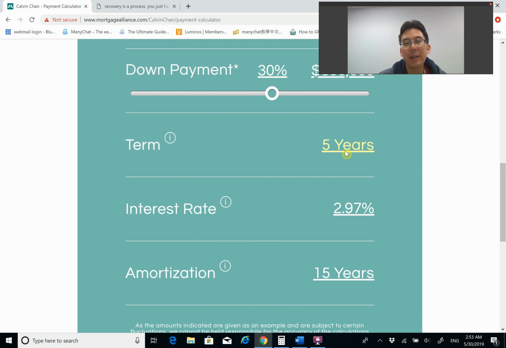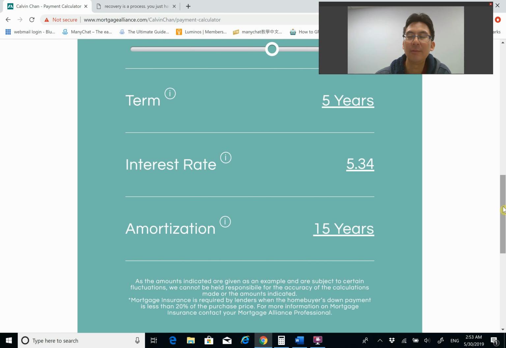The term doesn't really matter, right? Interest rate, for now, if you're watching this, is right now May 30th, 2019. You use 5.34 as a standard. For pre-approval purposes, this is good enough.